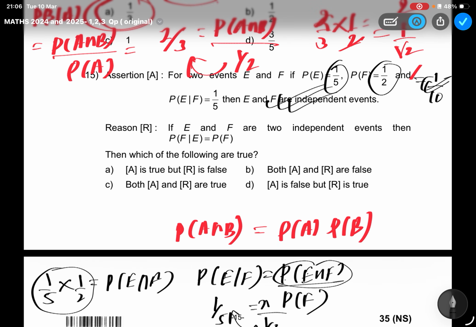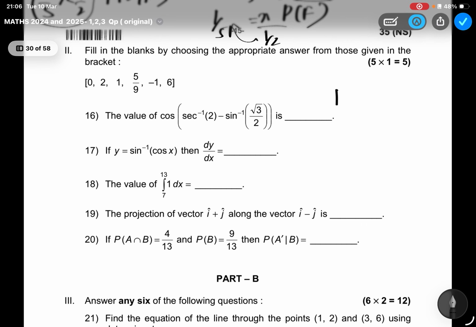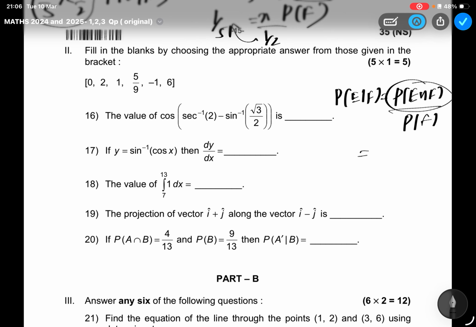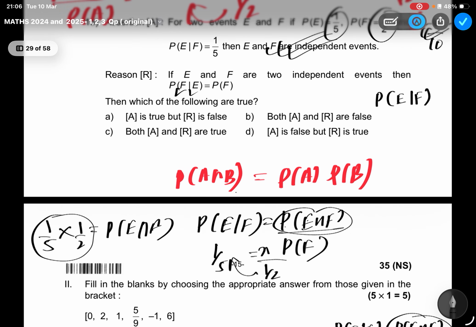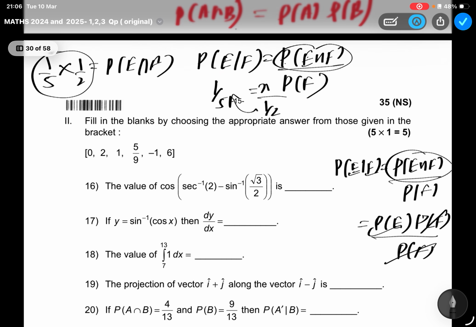Now E and F are two independent events. Then probability of F given E is equal to probability of F. Absolutely correct. If they are independent events, probability of E given F is equal to probability of E intersection F divided by probability of F. If they are independent events, then this answer will be probability of E, probability of F divided by probability of F. This will cancel, you will get probability of E for E given F. Then here they have given F given E, then it will be F only, the opposite of this one.